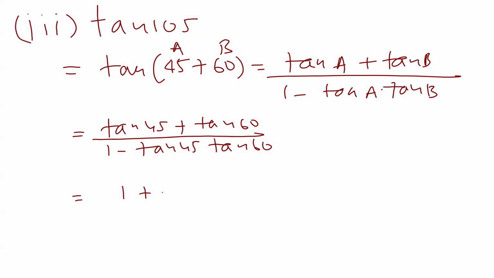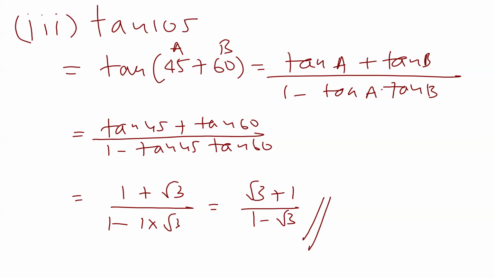Put the values. Tan 60 is root 3, so 1 minus 1 into root 3, which is root 3 plus 1 upon 1 minus root 3. That is the answer. In the numerator, you can also write 1 plus root 3. That's not a problem.